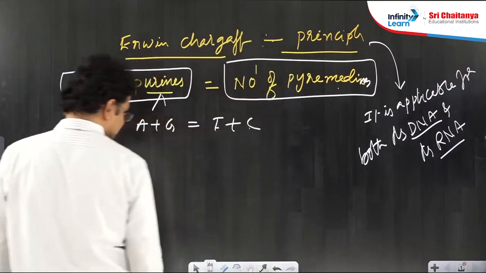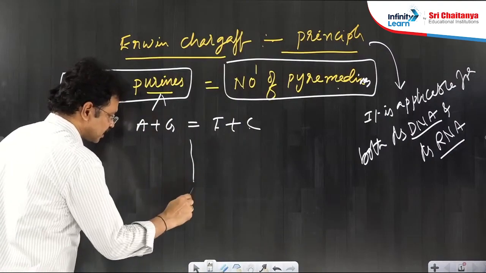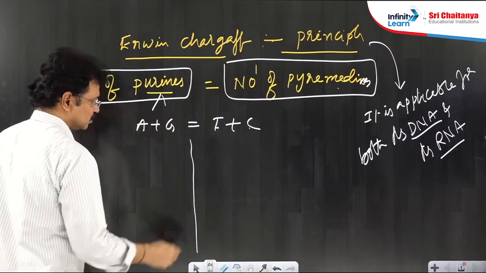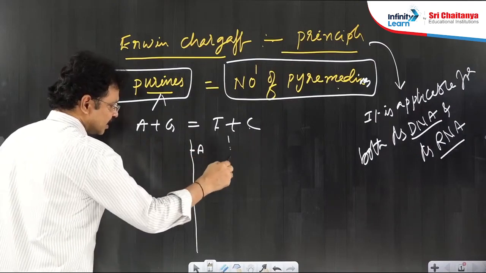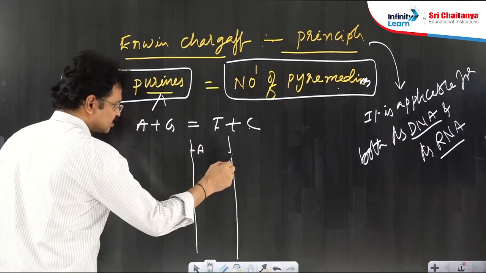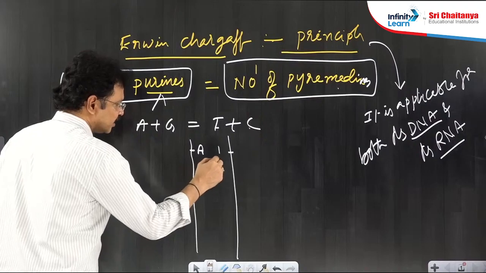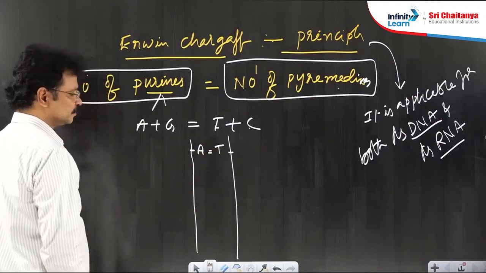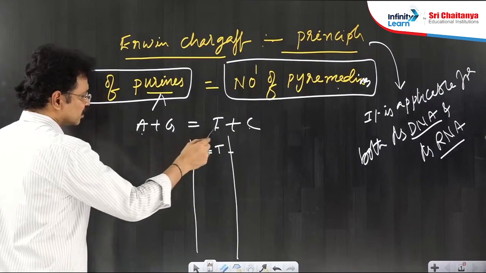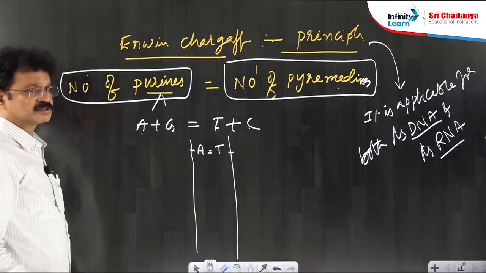How can you say? Observe one small diagram. It is one strand of the DNA molecule. In one strand, adenine is there. In the opposite strand, exactly opposite to A, T is there. So the A number is always equal to T. A is the purine, T is the pyrimidine, so both numbers are equal.